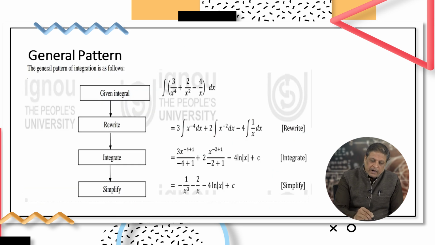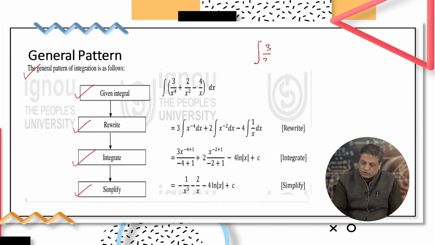So there is a general pattern to perform the integration. The flow is that we are given some integral, we are supposed to rewrite the integral and then perform integration by using the formulas which we had discussed in our previous slide, and then we need to simplify. So see, the integral given to us is 3 upon x to the power 4 plus 2 upon x square minus 4 upon x.